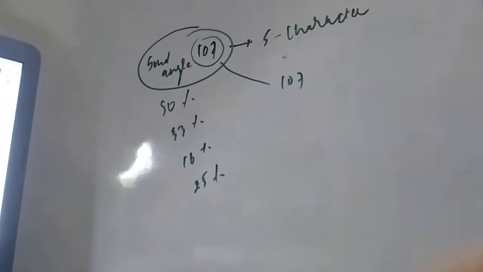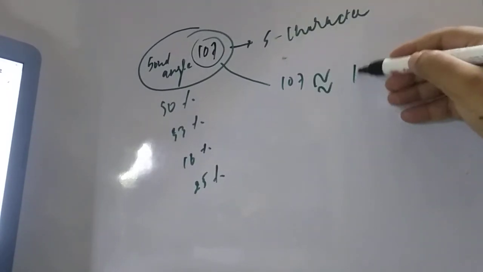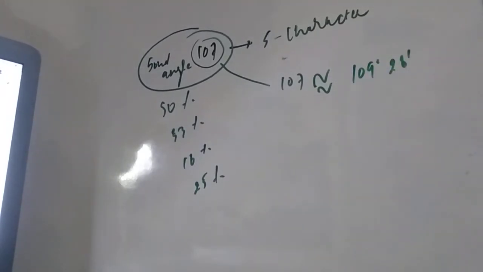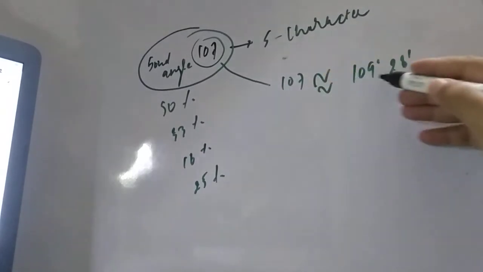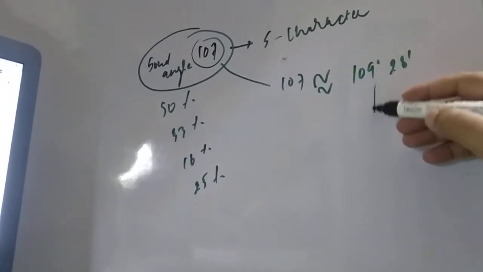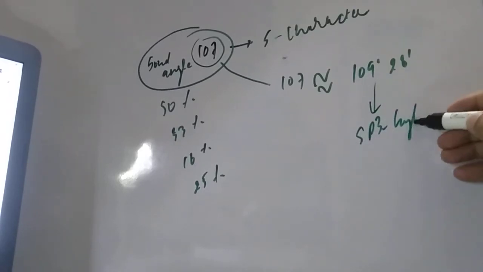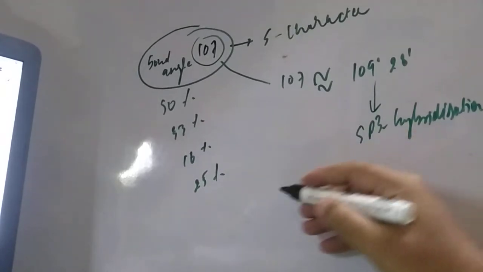Nearly, they are asking, so it is near to approximately 109 degrees 28 minutes. Approximately, because they are asking nearly. So 107 means 109.28, which is sp3 hybridization.